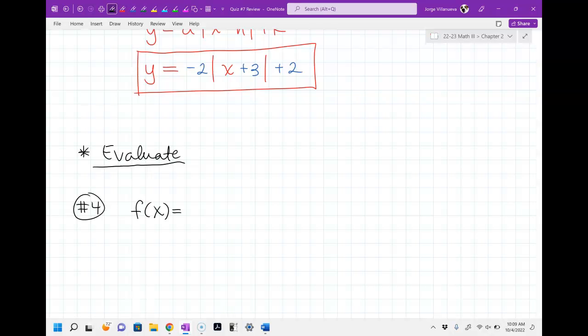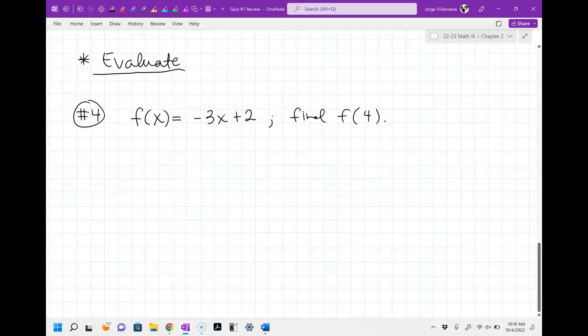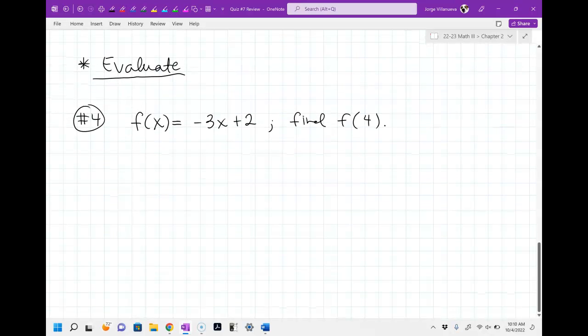If f of x is negative 3x plus 2, find f of 4. You're going to have two problems like this. Okay? They're going to give you an equation, and all you got to do is plug in a number.